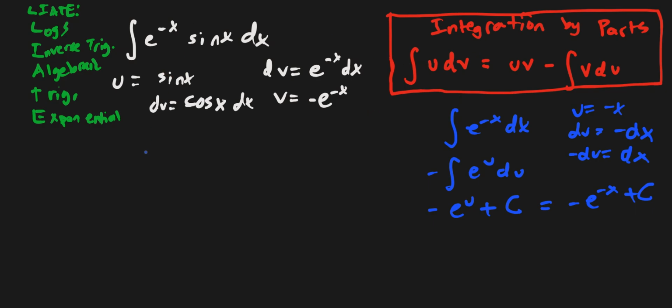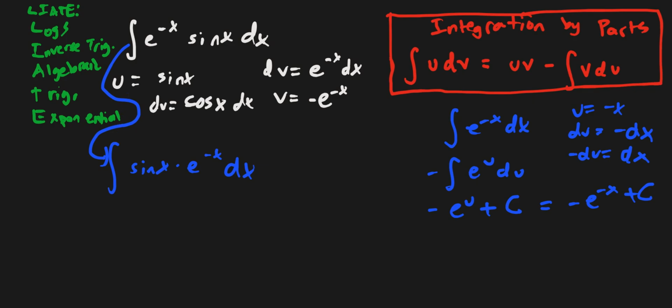Okay, so now let's solve. Let's use the integration by parts formula. So u is sine x, dv is e to the negative x, sorry, I was looking at the wrong one. This is e to the negative x. And you shouldn't be confused here because all I'm doing is just rewriting the question.